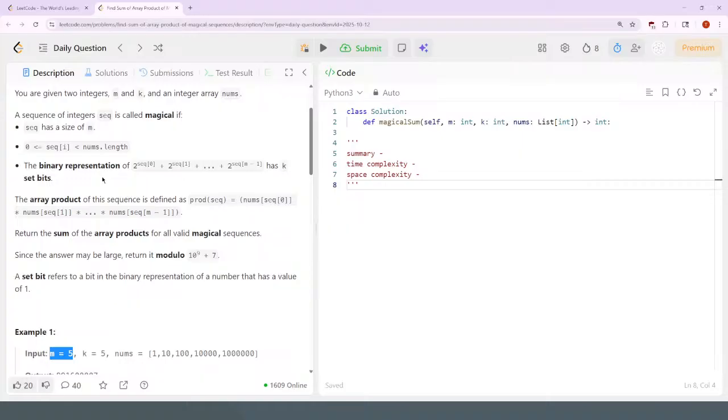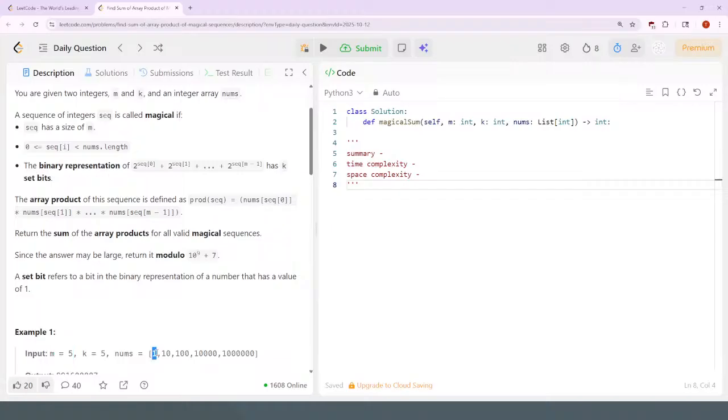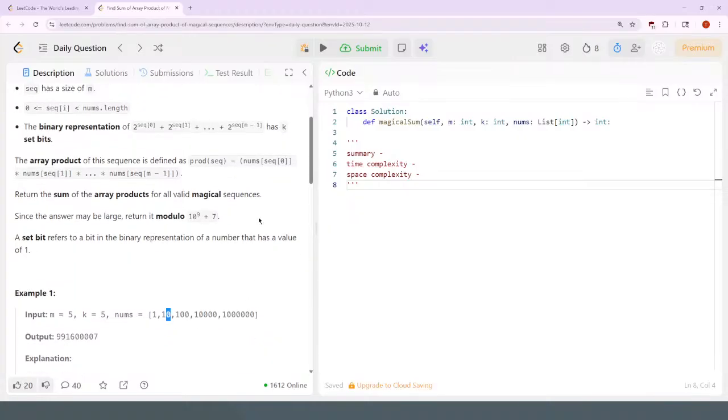The binary representation of 2 to the power of sequence. Okay, so 2 to the power of 1 plus 2 to the power of 10, 100, has k set bits in it.